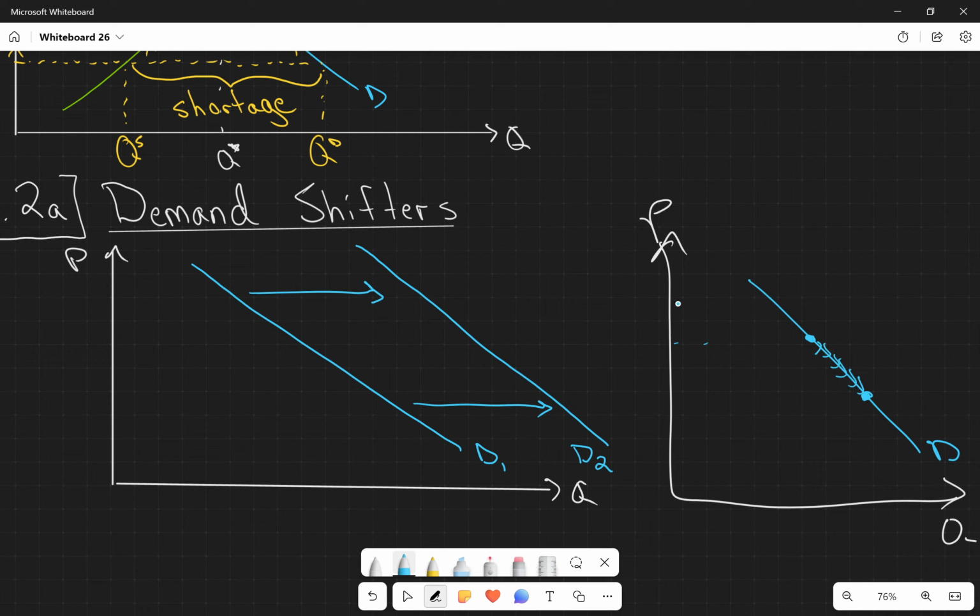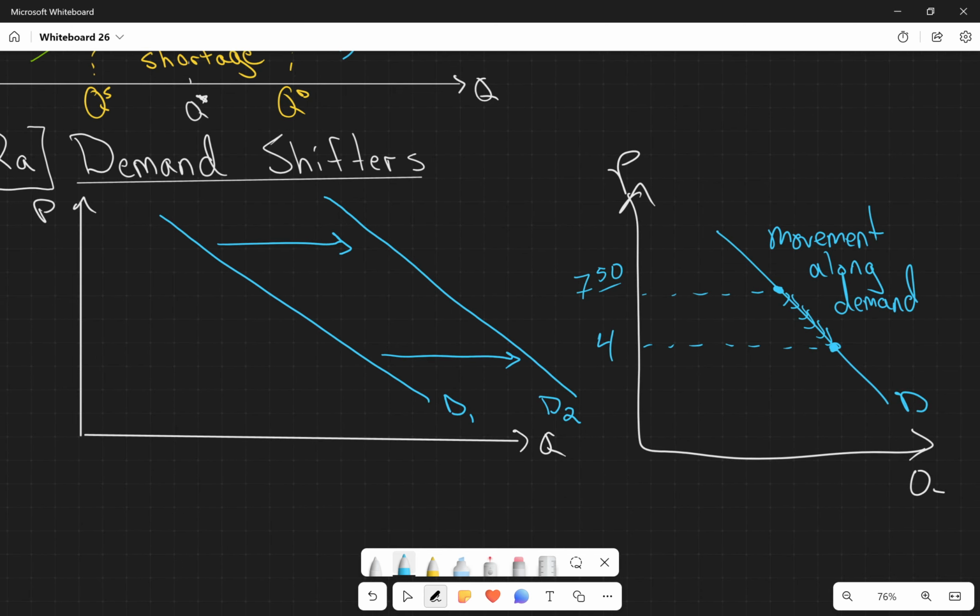Where we go from that $7.50 slice of pizza price to that more reasonable $4. So that's a movement along demand, also known as a change in quantity demanded.